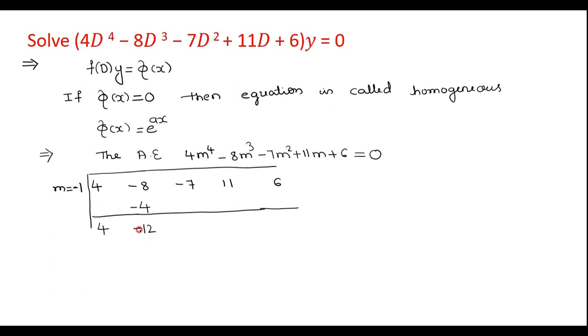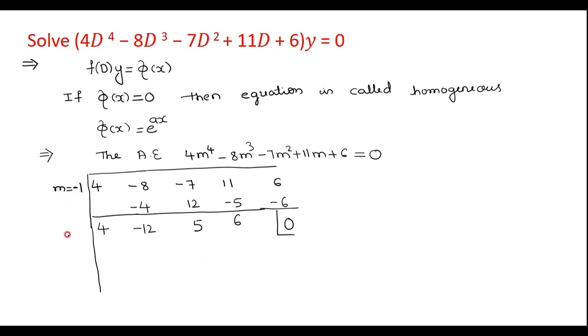Now -1 into -12 is 12. 12 minus 7 is plus 5. Then -1 into 5 is -5. We have +6 here, so -5 plus 6 is... sorry, -1 into 6 is -6, which gives 0. If you have taken the root correctly, then definitely the last value will be 0. So -1 is one of the roots of the equation.